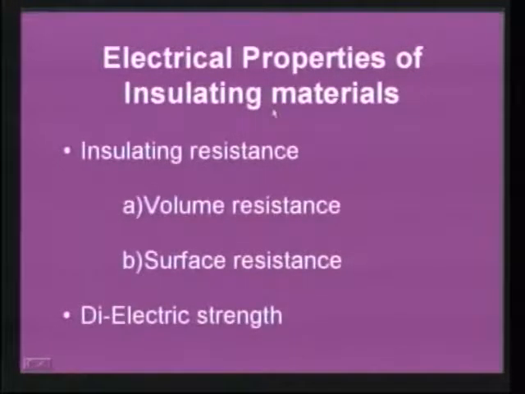The electrical properties of insulating materials can be divided into two, that is insulating resistance and dielectric strength. Again, the insulating resistance can be studied as the volume resistance and surface resistance.